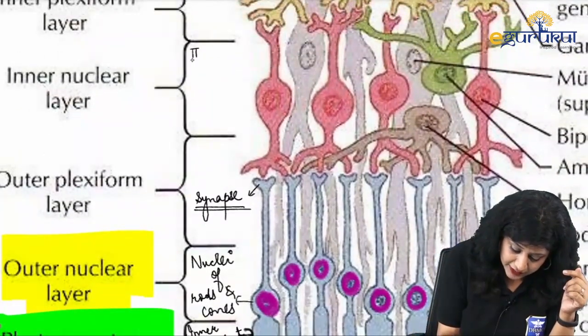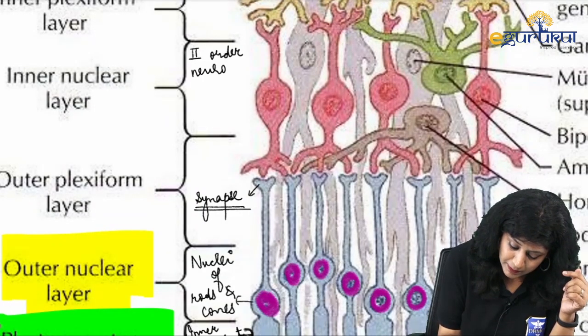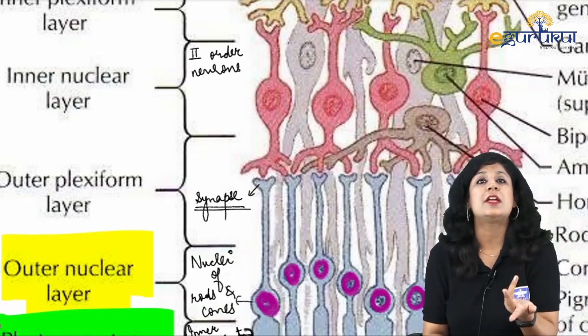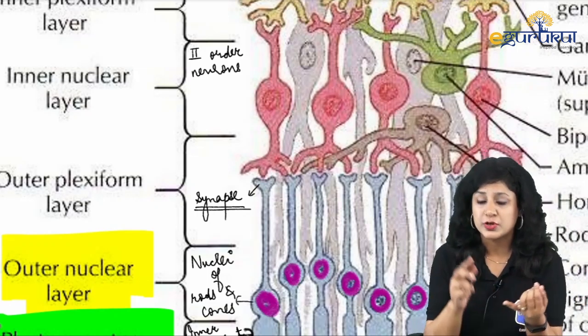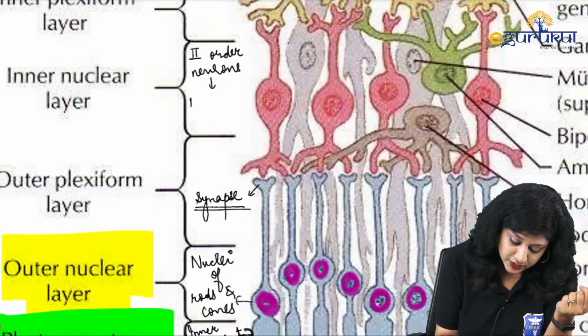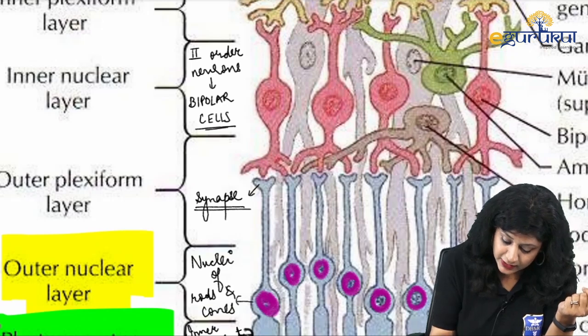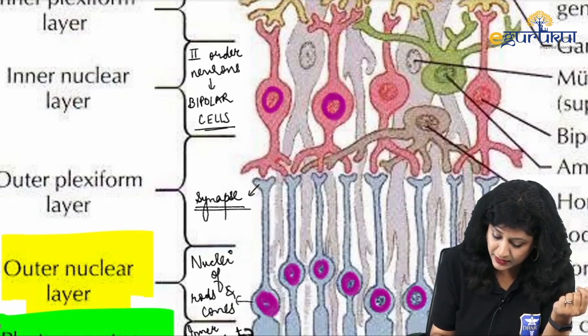Now, what are your second order neurons? It will be very easy for you to remember if you remember that rods and cones are your first order neurons. So second order neurons will be your bipolar cells. Can you see here also we have got the nuclei.